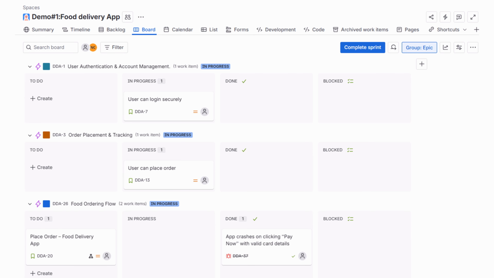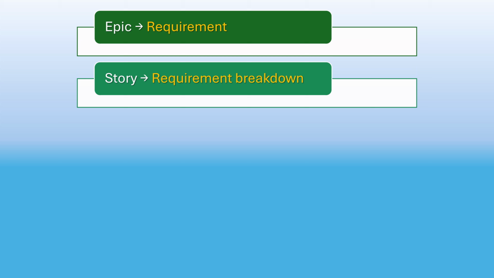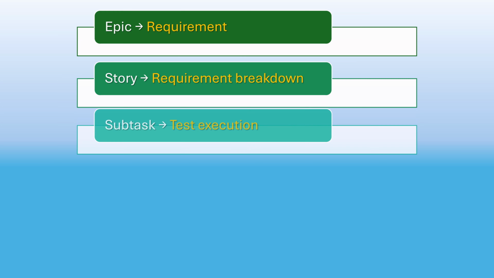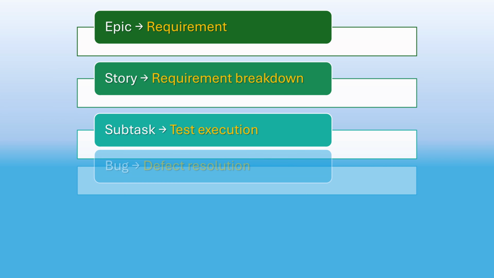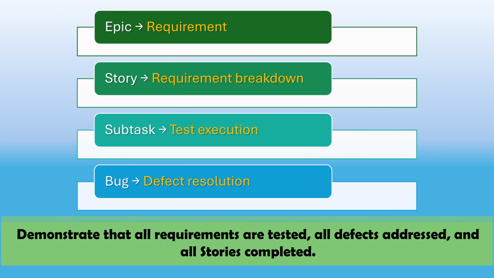By navigating through the epic, which is your requirement, to story, which is the requirement breakdown, then subtask, which is test execution, and bug, which is defect resolution, it is possible to demonstrate that all the requirements are tested, all the defects are addressed, and all the stories are complete. Once confirmed, the epic can be marked as done, signaling that the feature is fully validated.